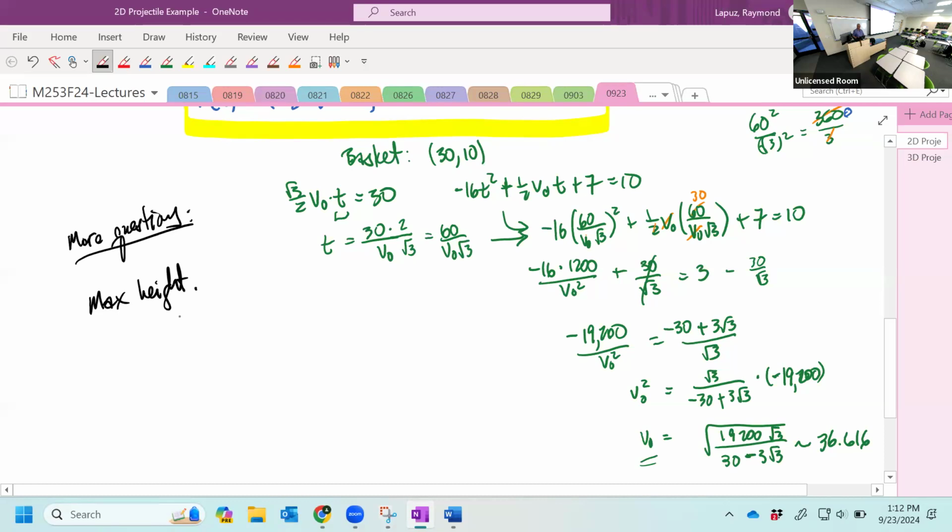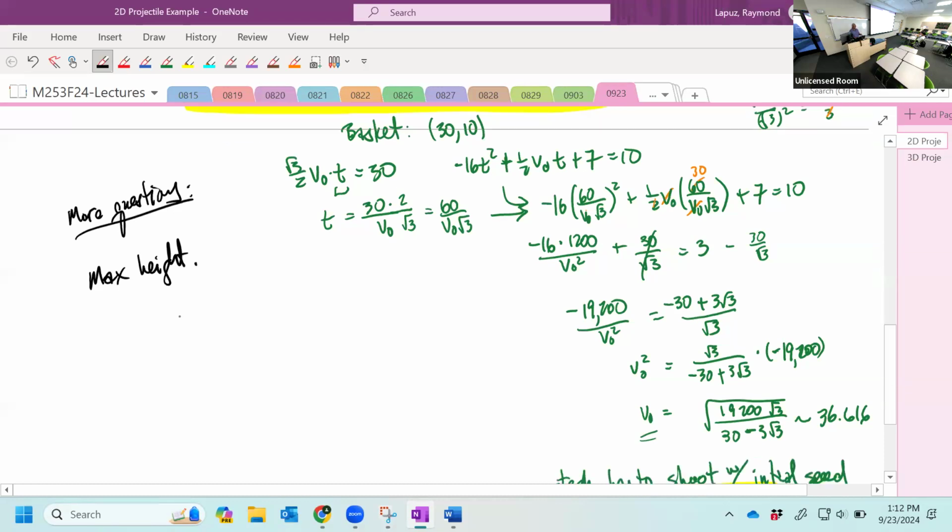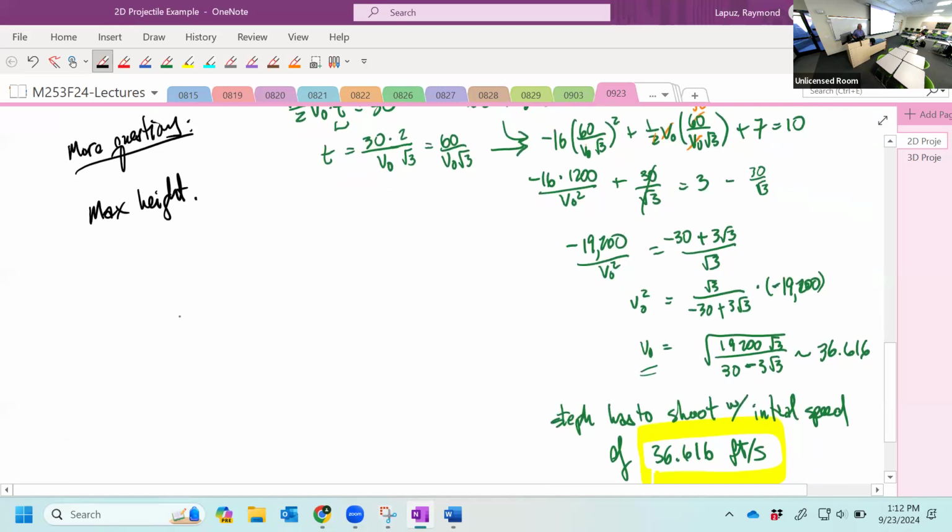We can ask about the speed when it goes through the basket, or when will it go through the hoop. And then how fast the ball is going as it goes through the hoop.